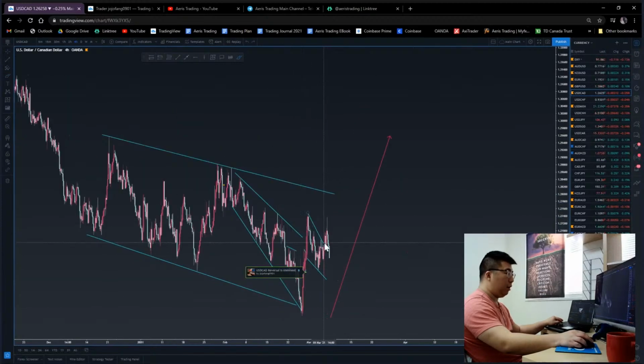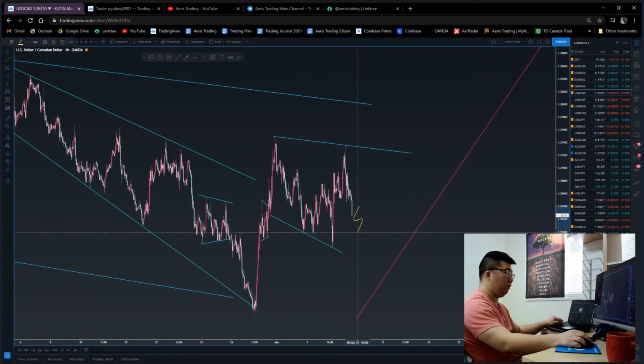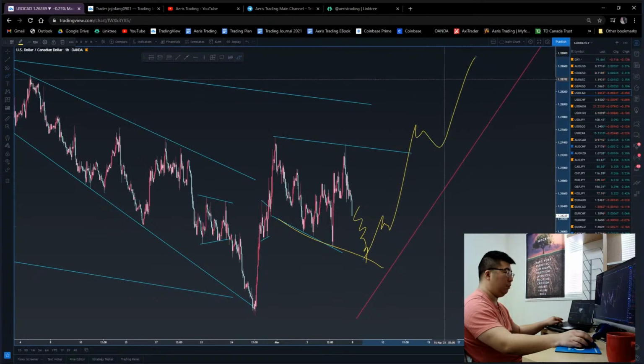What I want to see here is some sort of completion of this correction, because it doesn't look like this was the correction to go, but we could still get price to push down one more time before the up move. So I want to see what will happen in this area, if we're going to get reversal price action if we move all the way down to the lows here, and then potentially a bullish push off and continue upwards.